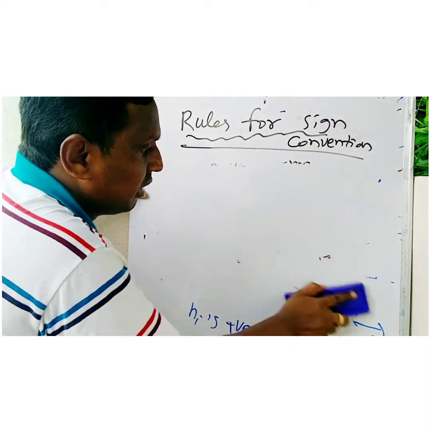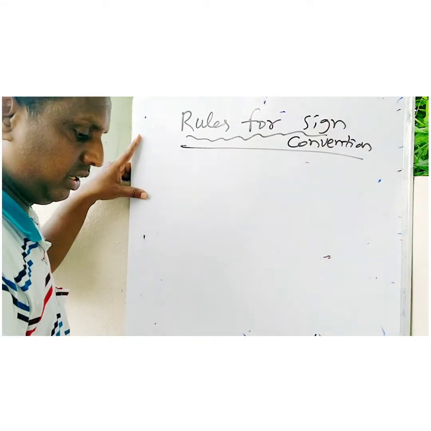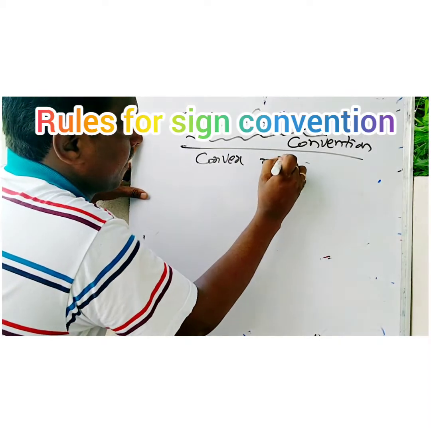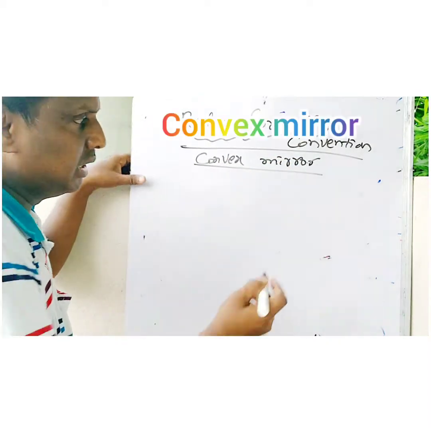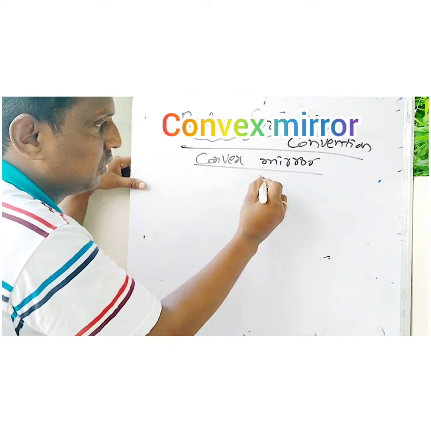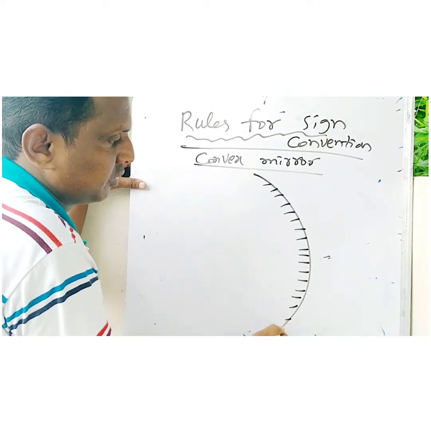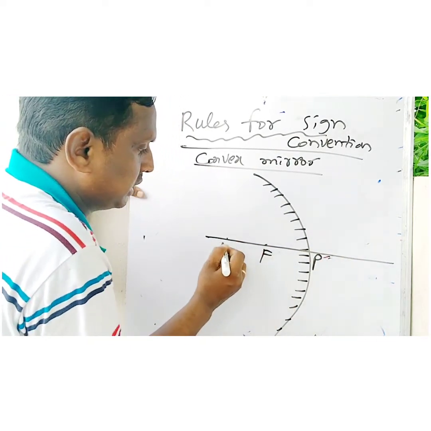I already explained the convex mirror recently. The convex mirror is well known to you. Pole, focus, center of curvature.